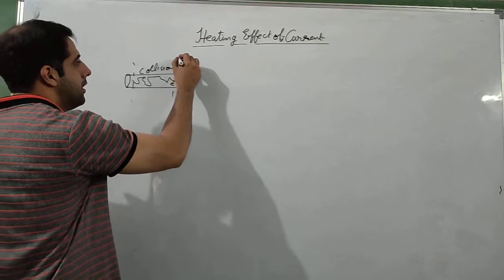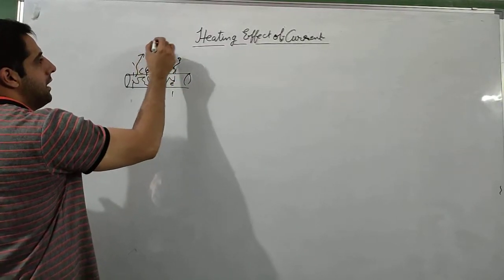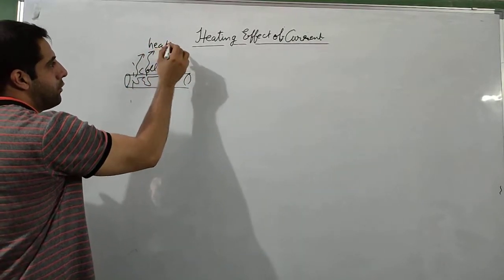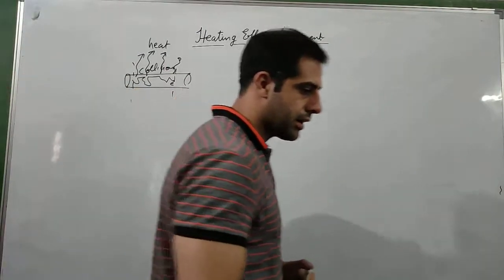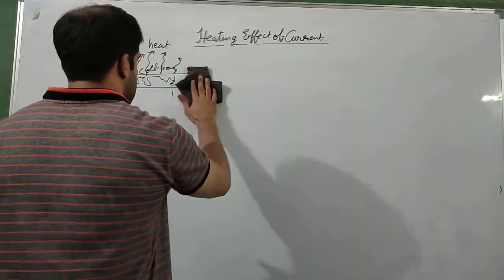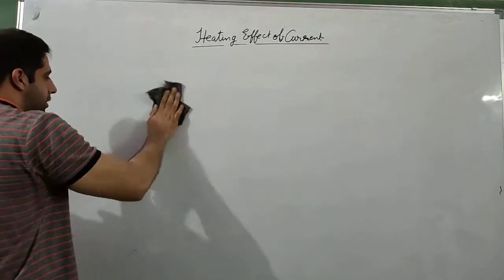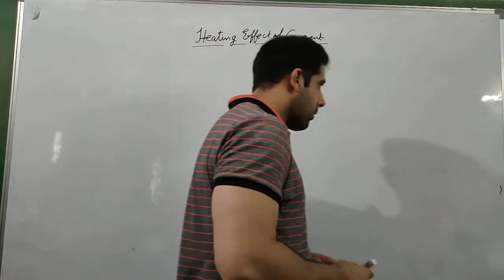The main part of that energy which it releases in each collision is heat. So from here comes the heating effect of current, that whenever a current is flowing in a circuit, some heat will be generated. So we will find out the formula, the mathematical expression.